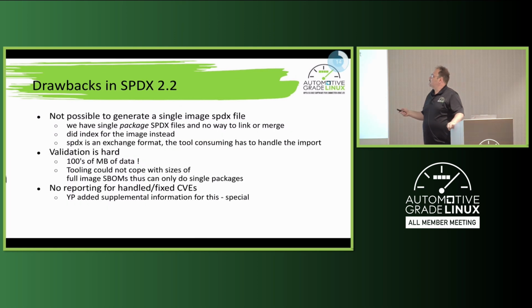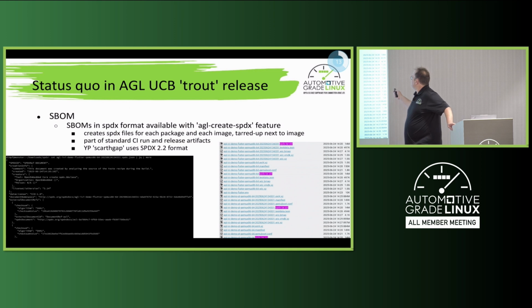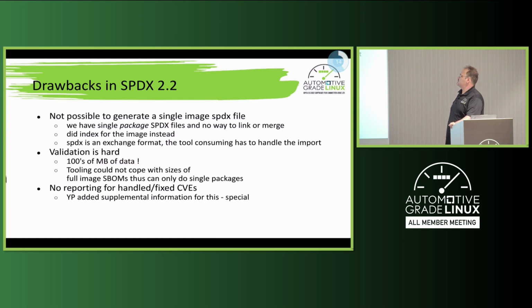Okay, so we had the problem there is no single SPDX file for an image. We had to collect the package SPDX files and put that into an archive, essentially. That archive is rather big, 14 megabytes, heavily compressed. So untarred, it's probably 100 megabytes or hundreds of megabytes.